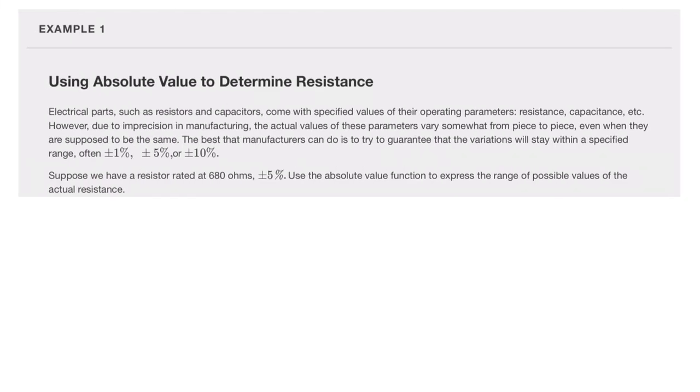Suppose we have a resistor, 680 ohms. Okay, so 5% of 680, 10% would be 68. So then half of that would be 34. So the difference between the actual output and the 680 needs to be plus or minus 5%.